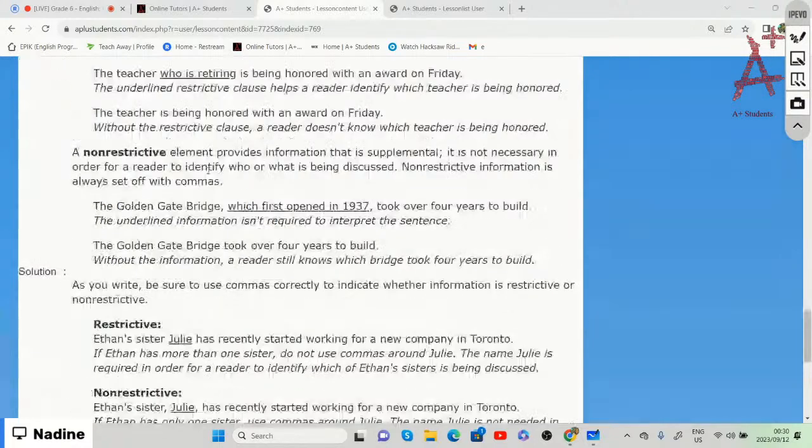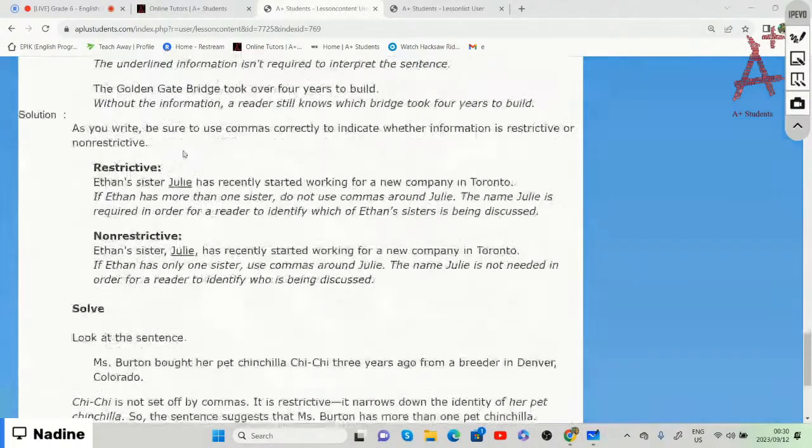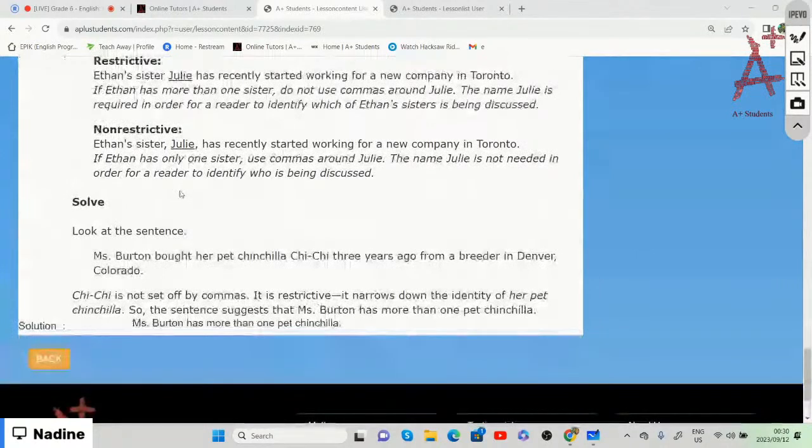Now, if we look at that sentence, it is a restrictive element. And what gives us the idea that it's a restrictive element? Chichi is not set off by commas. Miss Burton bought her pet chinchilla Chichi 3 years ago from a breeder in Denver, Colorado.